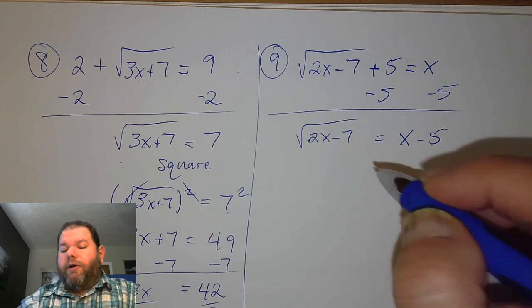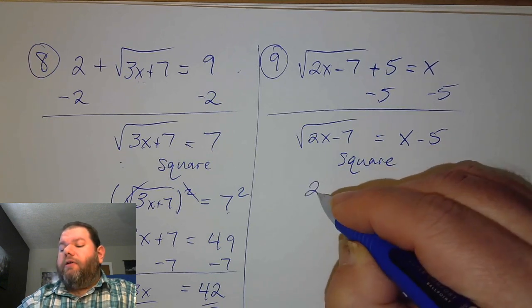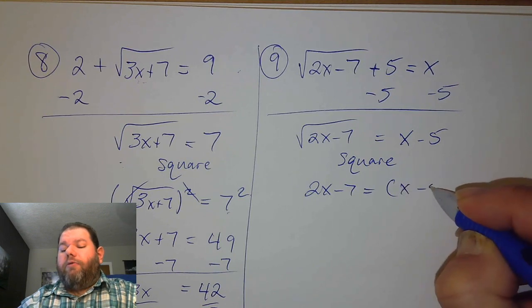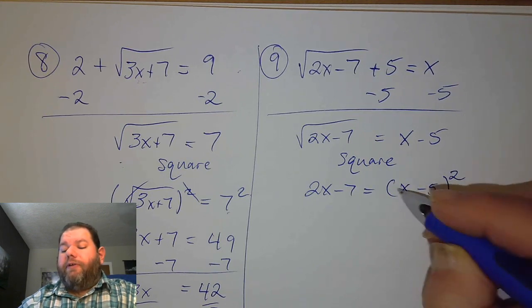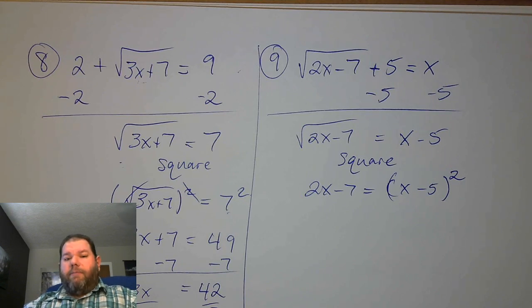Now again we can square. So that cancels out the root on the left hand side. Now, where we want to be careful is when we say that we square both sides of the equation, that means if we have multiple terms, like we have an x and a minus 5 here, we want to put that in parentheses and square it, as opposed to squaring each term individually.